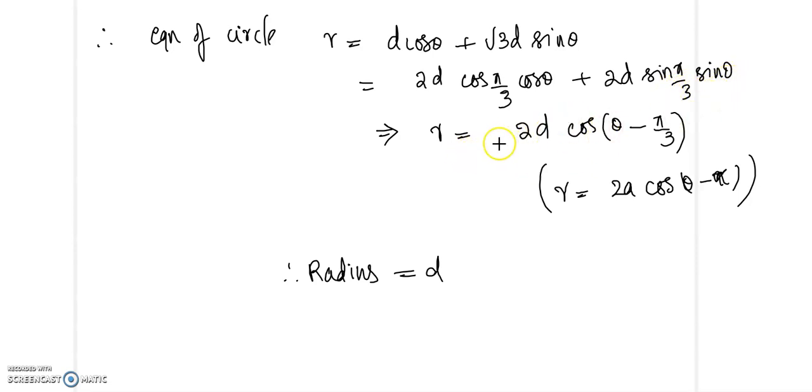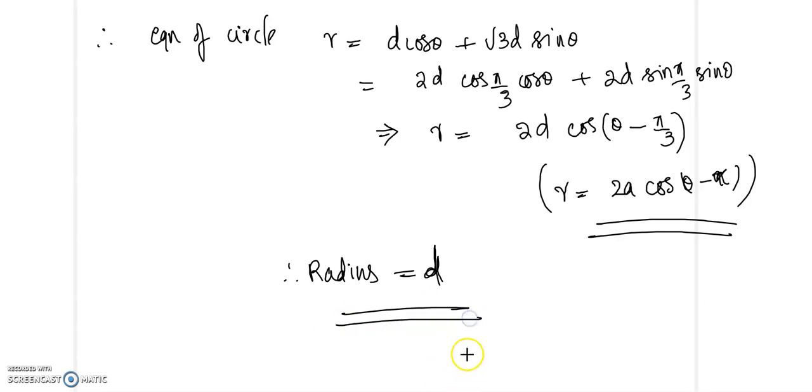So the equation can be put in the form r equal to 2d cos theta minus pi by 3, and it's just in the standard form r equal to 2a cos theta minus alpha. So here the value is d. So a is the required radius of the circle. So the required radius will be equal to d.